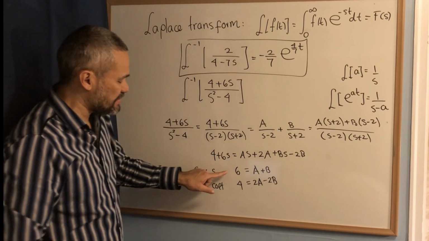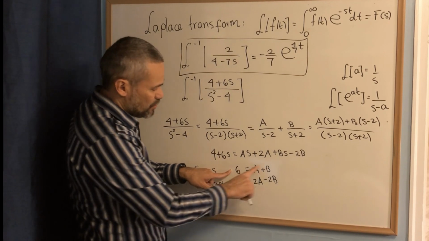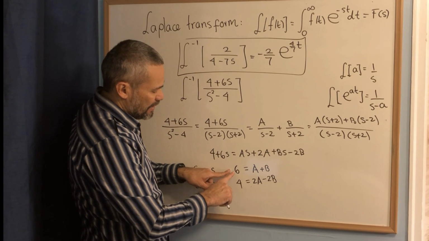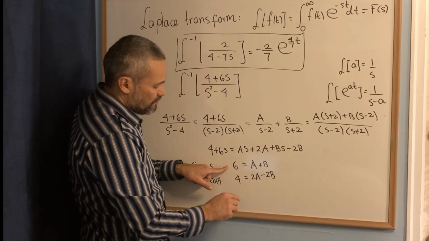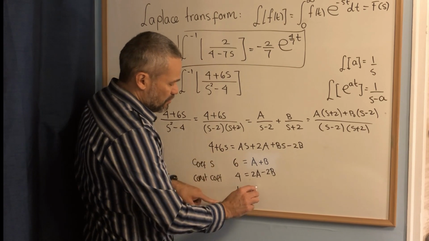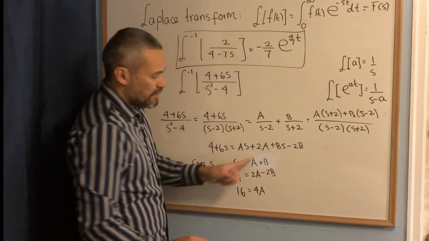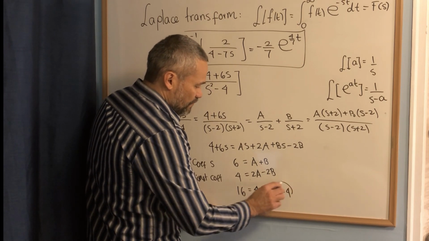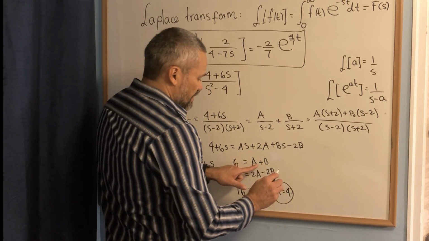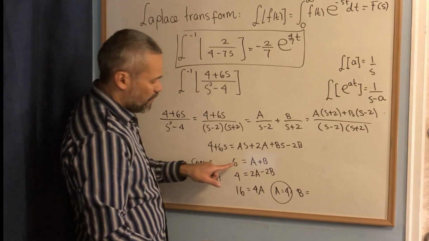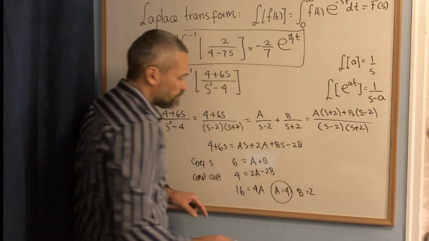How do we solve that system? We can multiply this equation by 2 and add. And if I do that, what do I get? I get 12 plus 4, 16, equal to 4a plus 0. That means that a is equal to 4, and then we replace here, if a is equal to 4, b should be equal to 2.